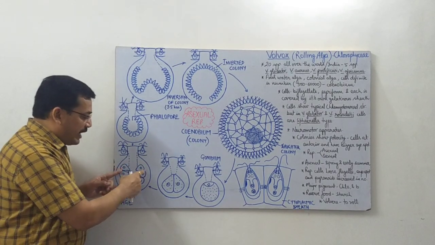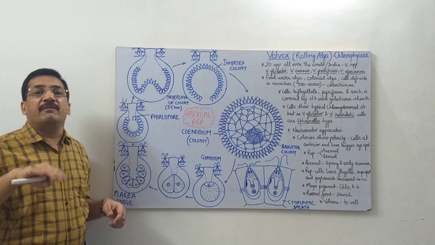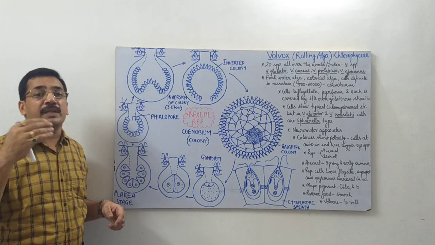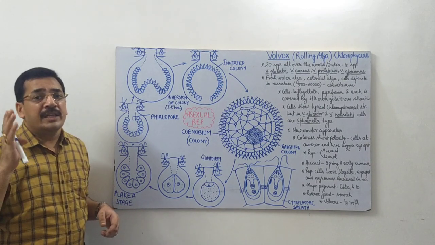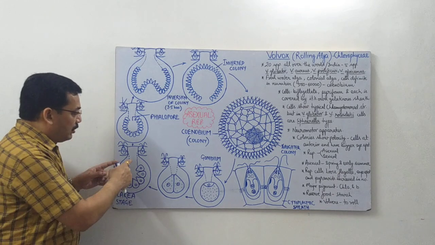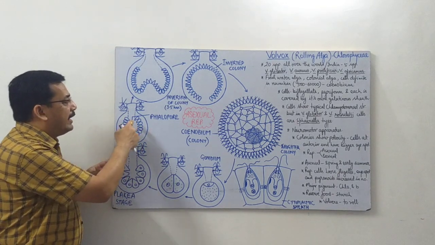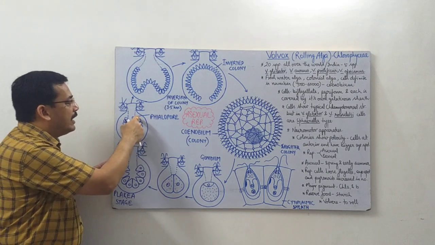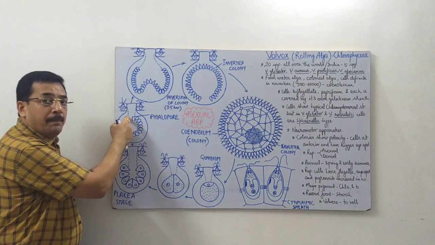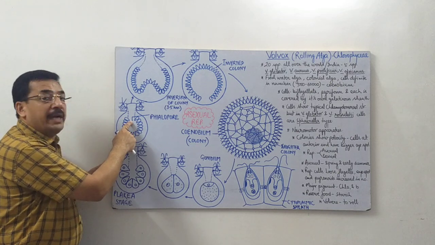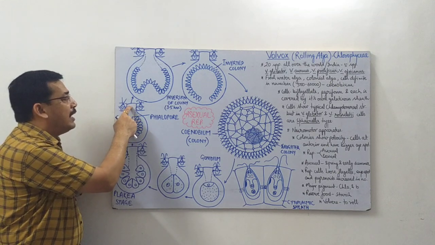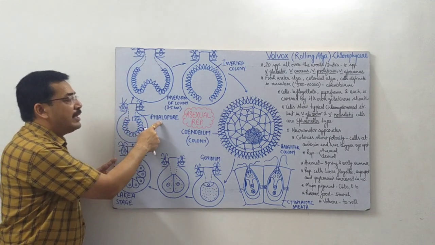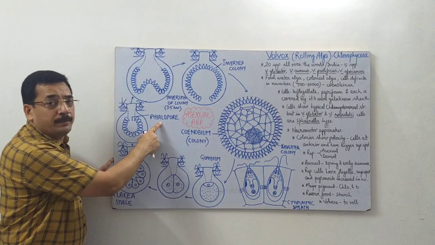Further, each cell of this plakea stage divides continuously and produces at least 16 cells. Now these cells continue to divide and are arranged in a circular shape, but there is a pore at the anterior side towards the periphery, and this pore is called the phialopore.